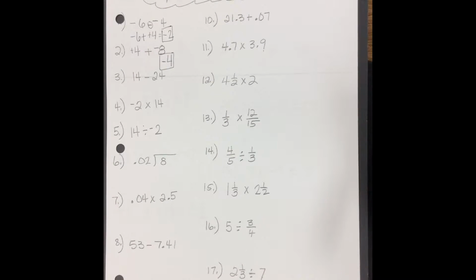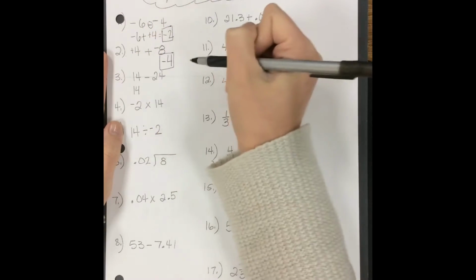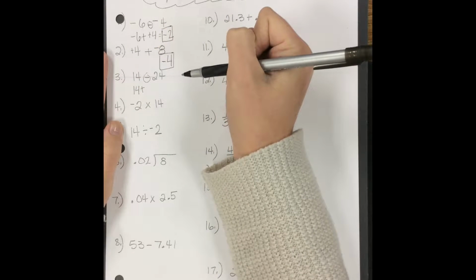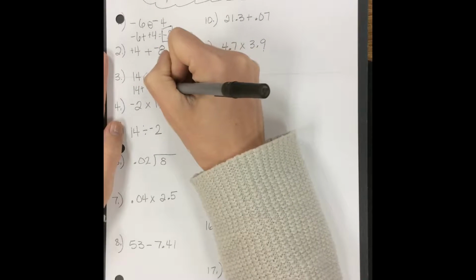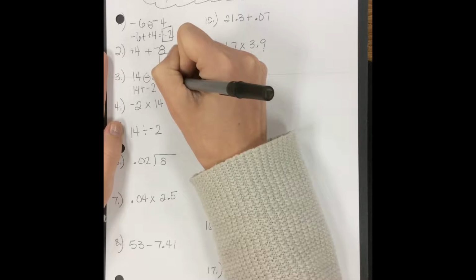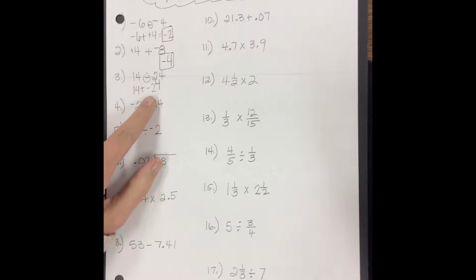Now 14 minus 24. Again, go back to your integer rules: keep, change. Keep the 14 positive, change the subtraction sign to an addition sign, and the positive 24 changes to a -24. Now you have 14 plus -24.